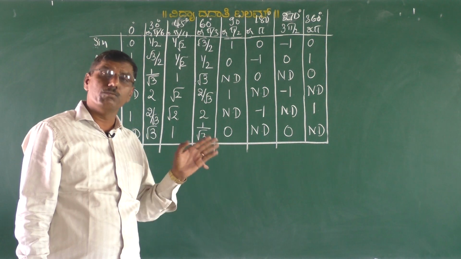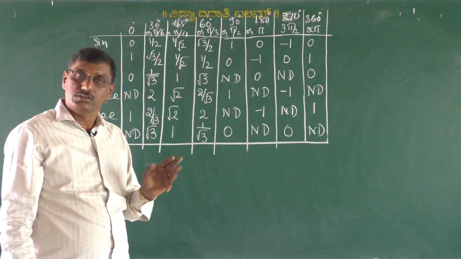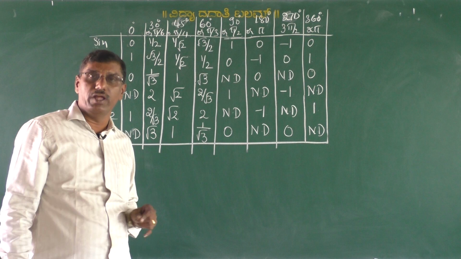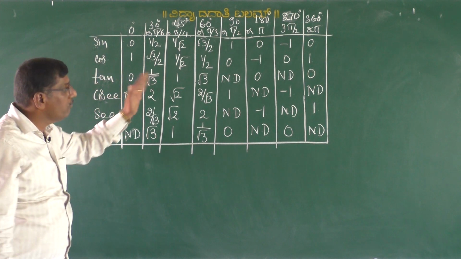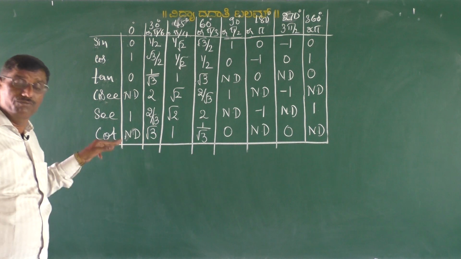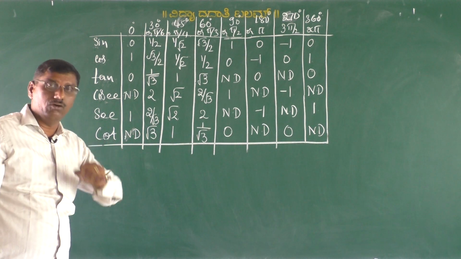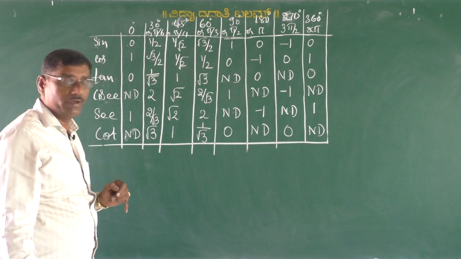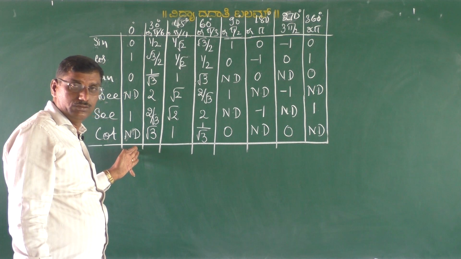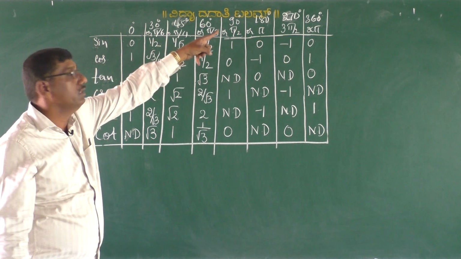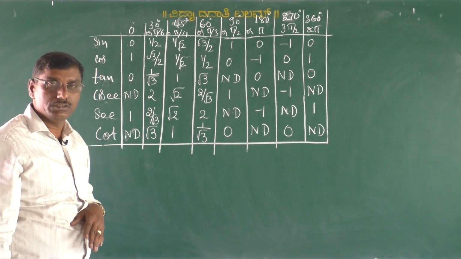These values we can prove later by using the sum trigonometric formulae. We will discuss that later. These are the values we want to know, to find the values of the given 6 trigonometric functions under these degrees or radians, my dear students.